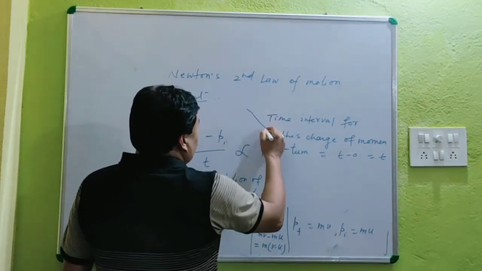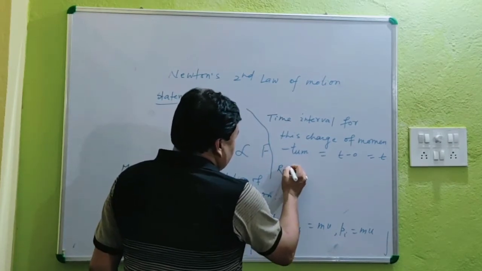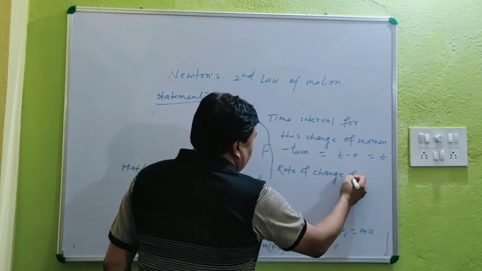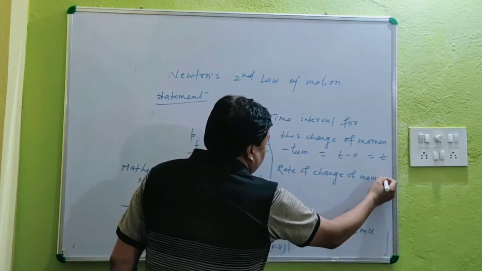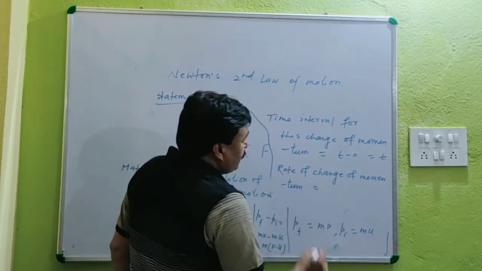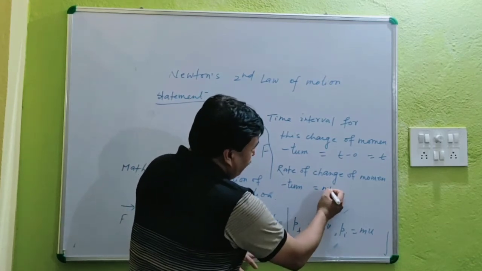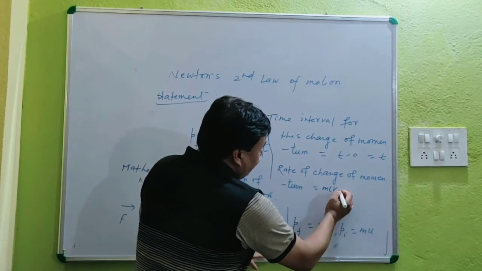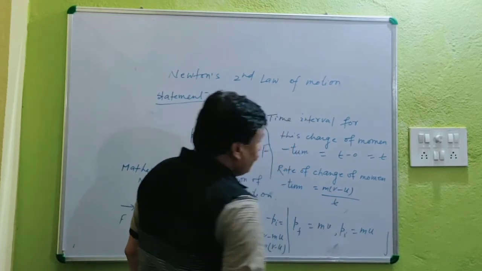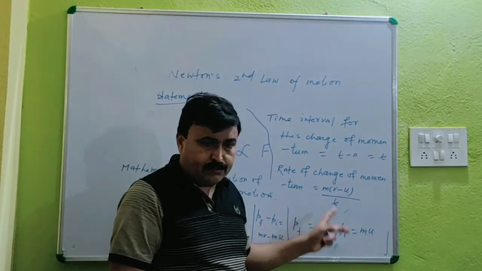Okay, so we can write the rate of change of momentum equal to the change in momentum, m(v minus u), divided by the time interval t. So this is the rate of change of linear momentum.